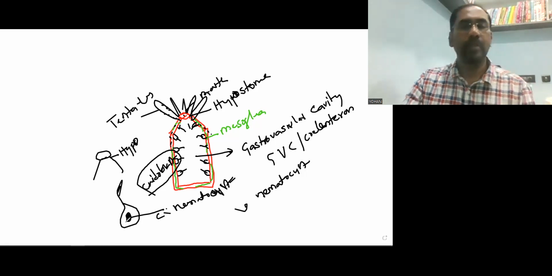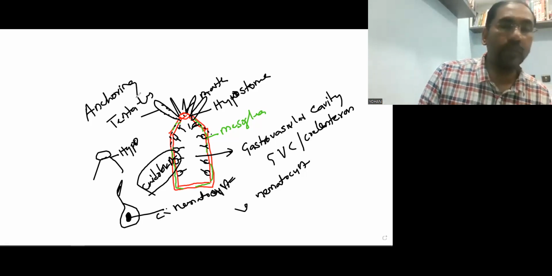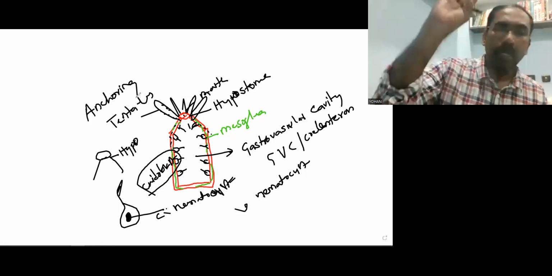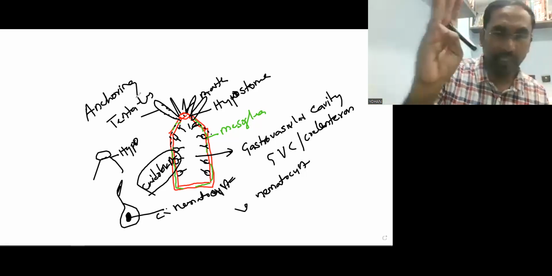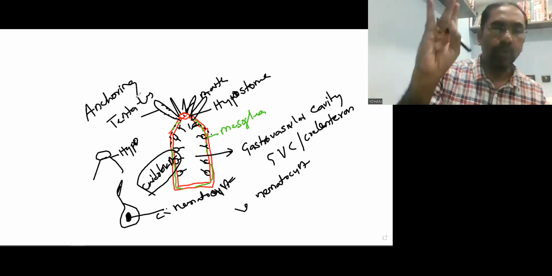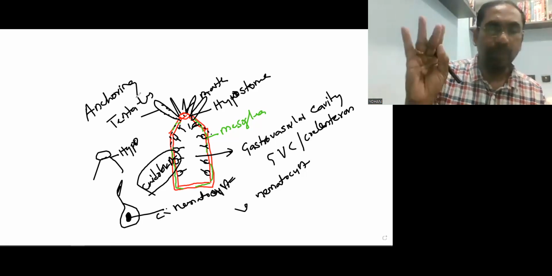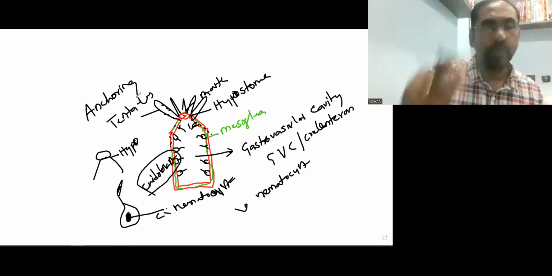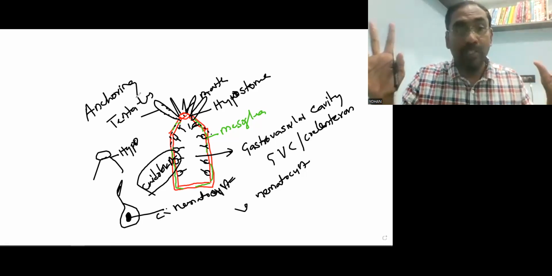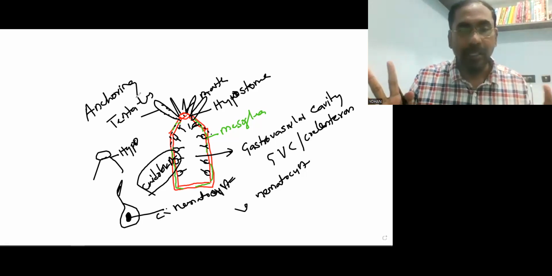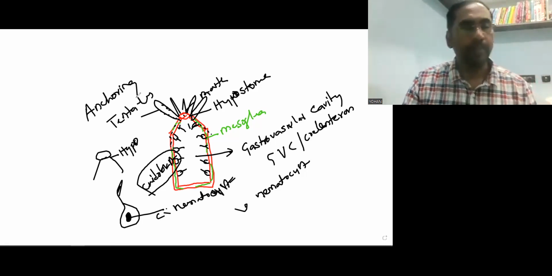So the functions of cnidoblasts: Number 1, food collection or catching the prey. Number 2, attaching to the substratum. Number 3, defensive mechanism. That means as they have poisonous cells, they can protect themselves from other animals.